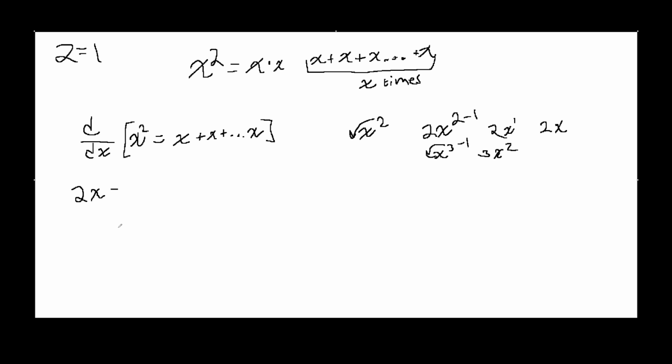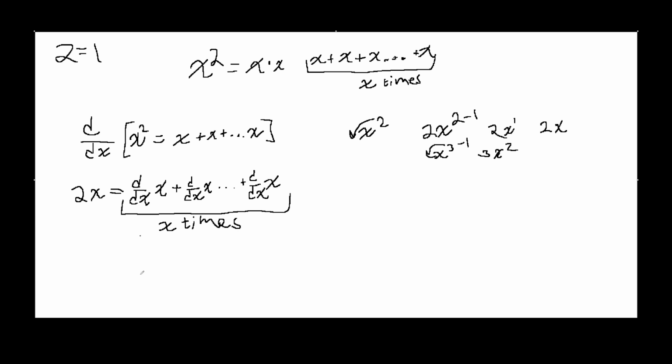And then we go here. Alright, so we have 2x equals the, I'm just gonna write d/dx of x, d/dx meaning derivative, so the derivative of x with respect to x, plus the derivative of x with respect to x, dot dot dot, plus the derivative of x with respect to x, once again x times.